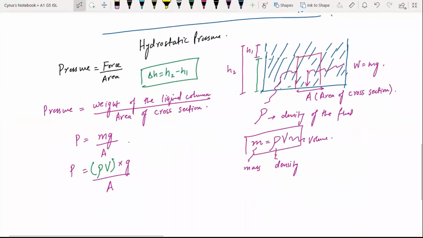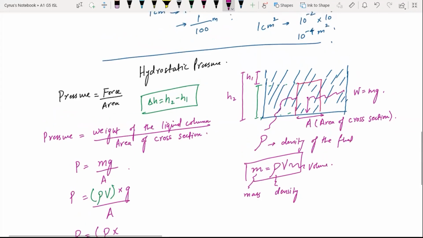Uske baad we can also write here that P is density, volume is area into delta H. The area is this and height is delta H of this container, because delta H is the difference between the heights.